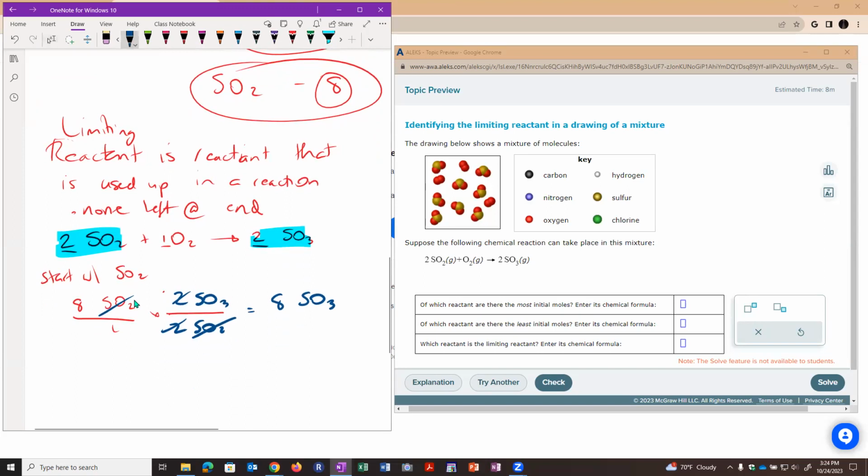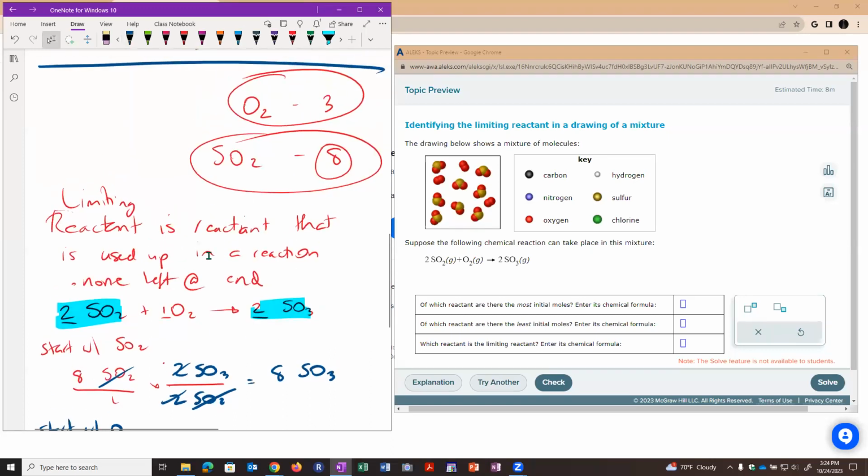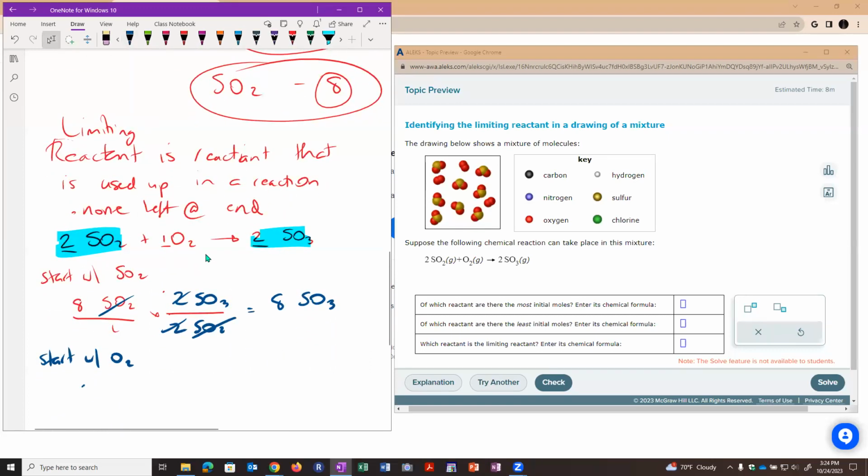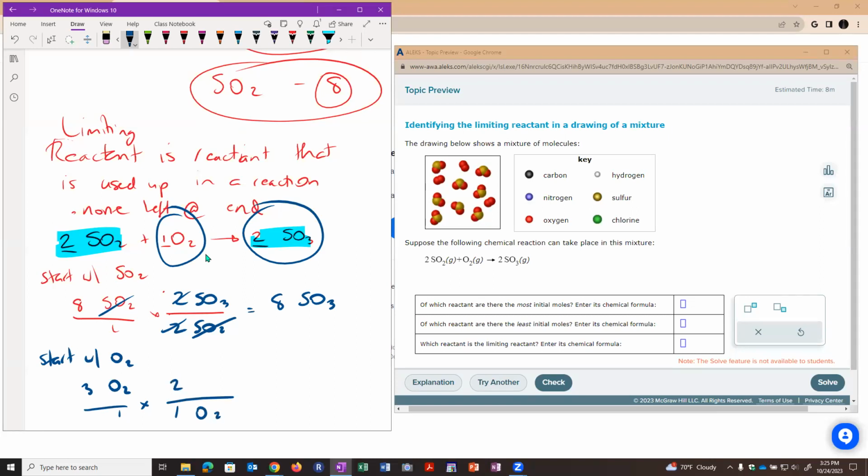I'm going to do the same thing now with just the O2. So how many O2s do I have? 3 O2s. So I have 3 O2. And from the balanced chemical equation, I now relate the O2 to the SO3, the reactant to the product. It says that for every 1 mole of O2, I produce 2 moles of SO3.